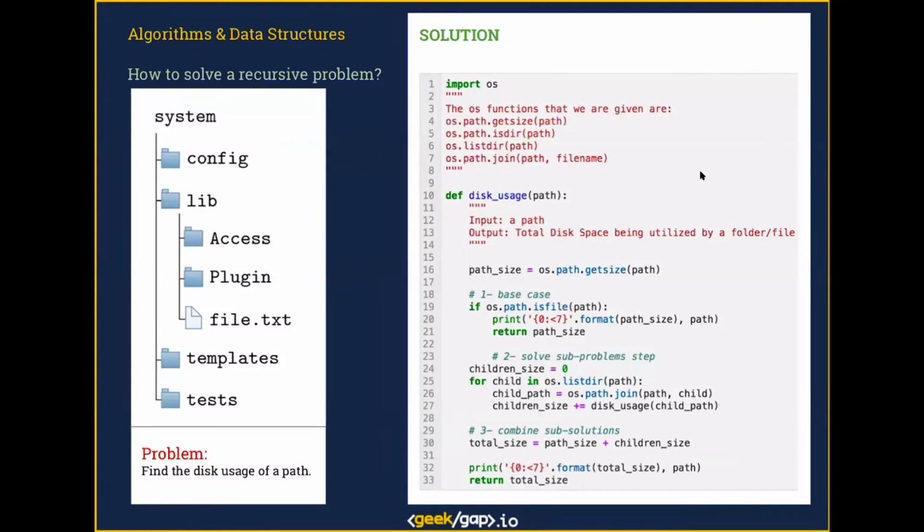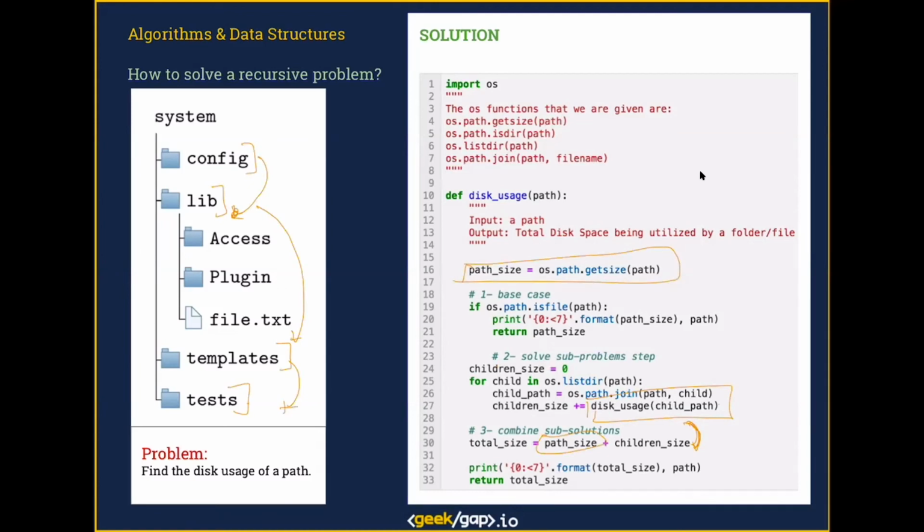So you see here we need a combine step. We actually need a combine because we gather the children's size one by one. So we get the size of this child, we get the size of this child, we get the size of this child, and then we sum them together with this plus this plus this plus this, and then we need to add it to the size of the actual parent folder, and then we need to return it.